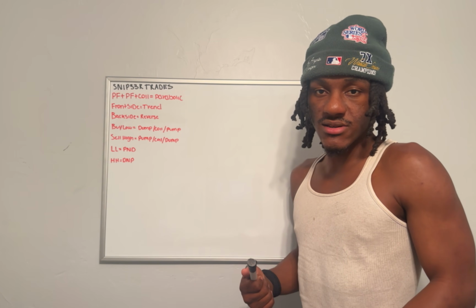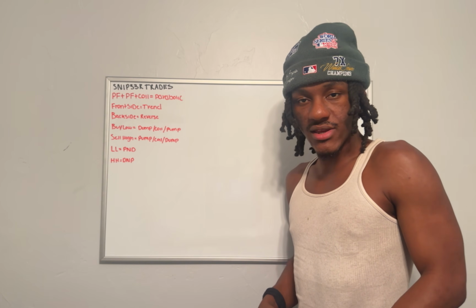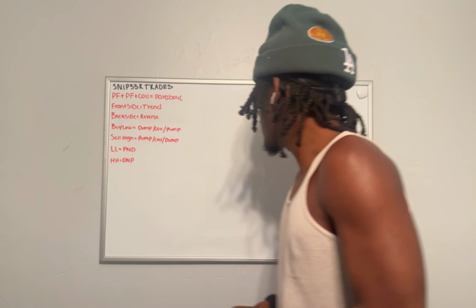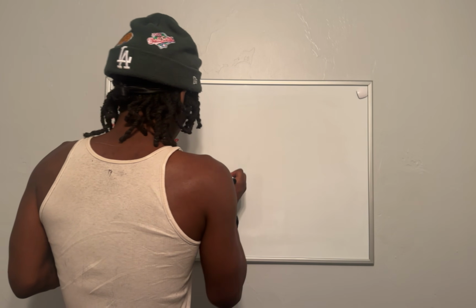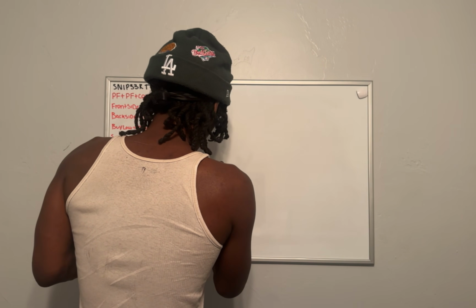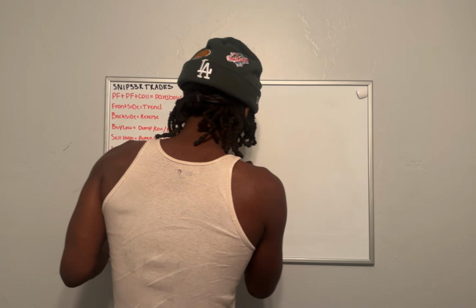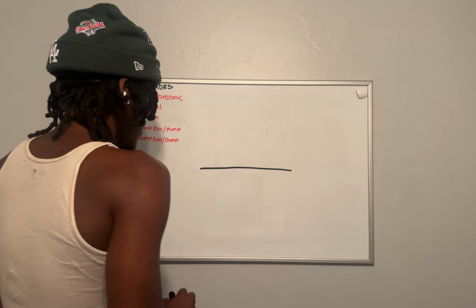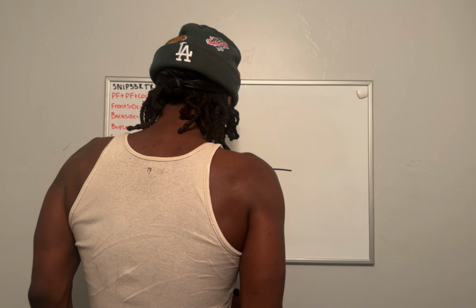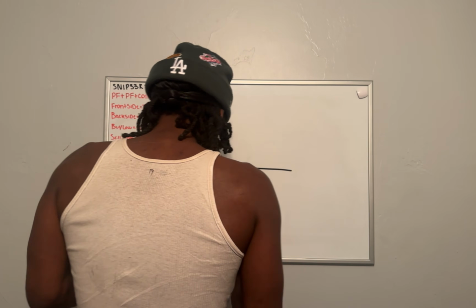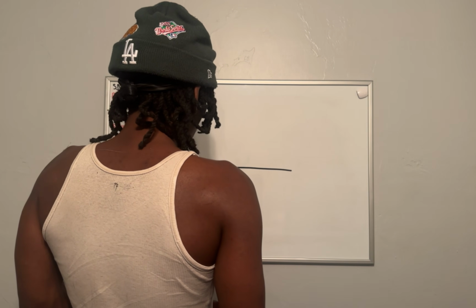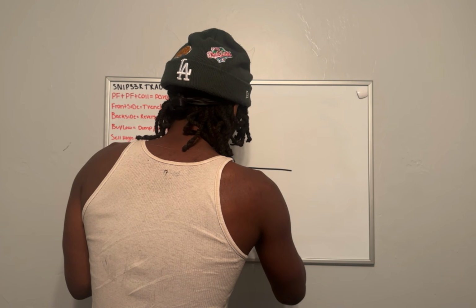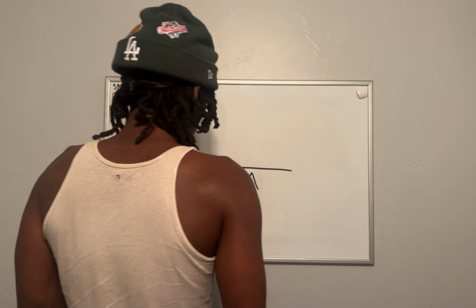The markets can only do three things, and here's one of them. Let's just say that this is the previous day's high, and Asia gives us a peak formation low. London gives us a peak formation high.